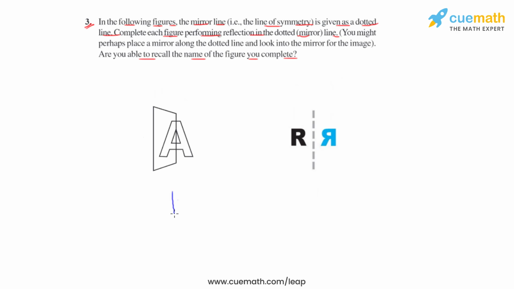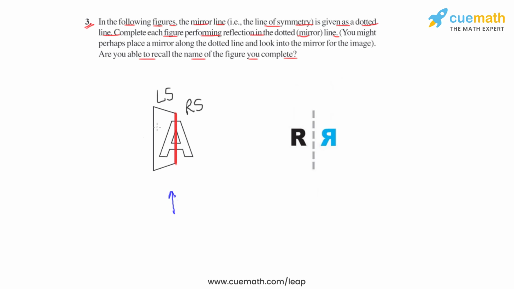So in the first shape, we see an alphabet, and we can see that a shape has a line of symmetry when one half of it is the mirror image of the other half. So let me highlight the mirror line in this particular shape. So this is the mirror line, and we see that when the right side of the shape is reflected along this mirror line, we'll get the left side of the shape as an image formed in the mirror.